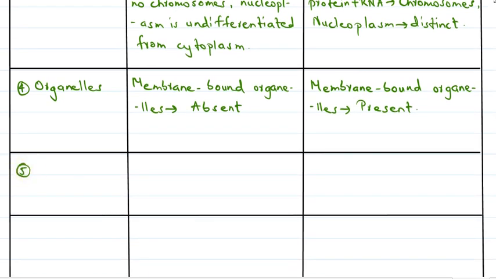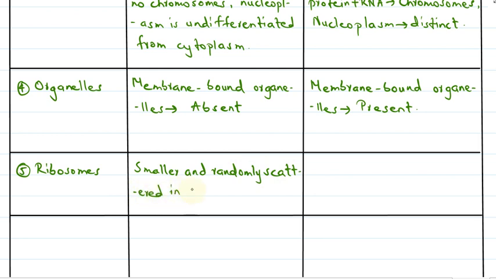Okay, then after that we would talk about ribosomes. So in case of prokaryotic cell, ribosomes are smaller and randomly scattered in cytoplasm, whereas in case of eukaryotic cells the ribosomes are bigger.